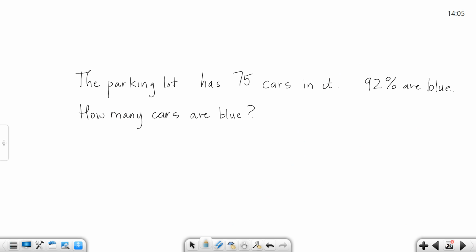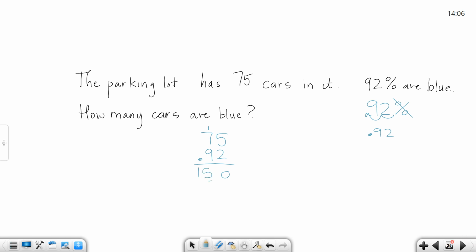The parking lot has 75 cars in it and 92% are blue. How many cars are blue? Okay, so what we'll do is we'll drop the percent, move it 2 places, and so we get 0.92. So if we take 75 and we multiply it times 0.92, this is what we get.